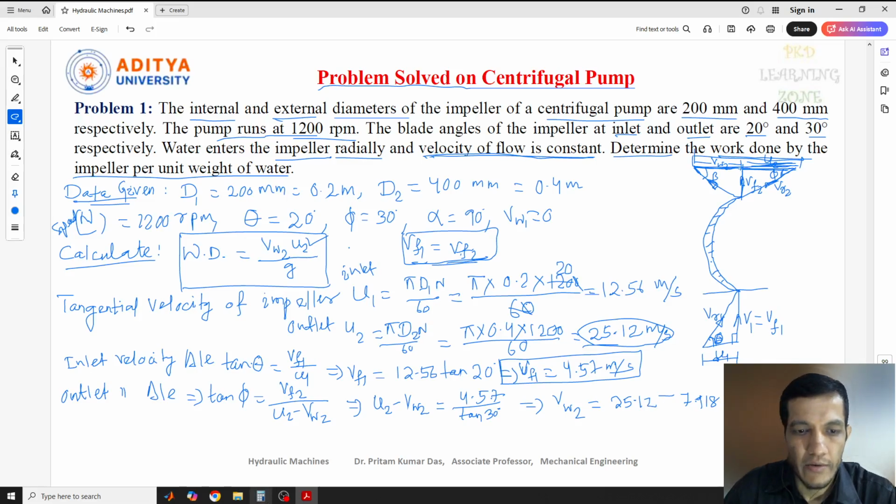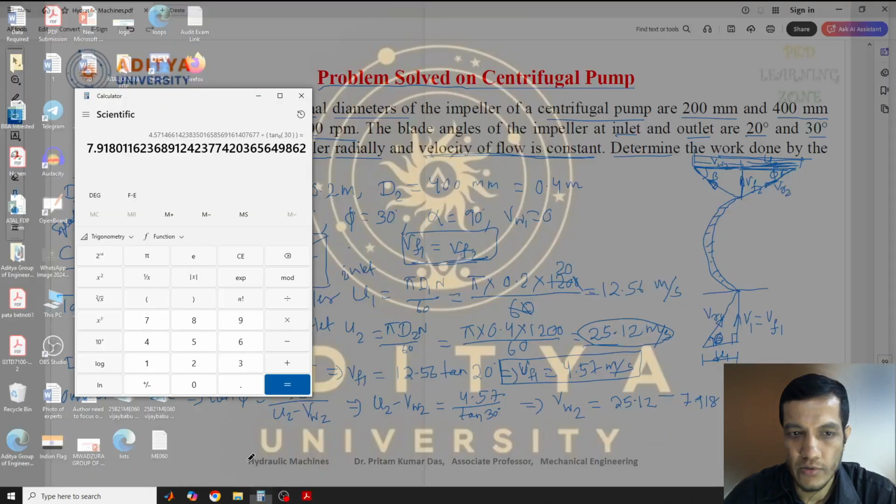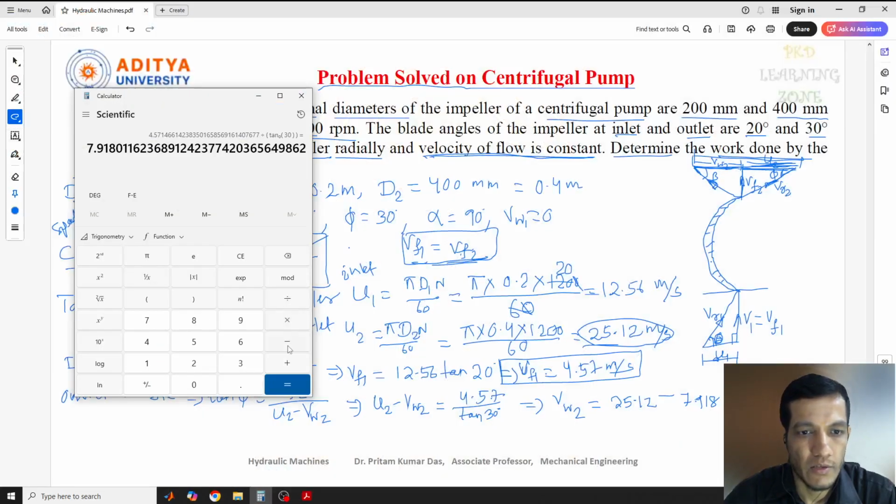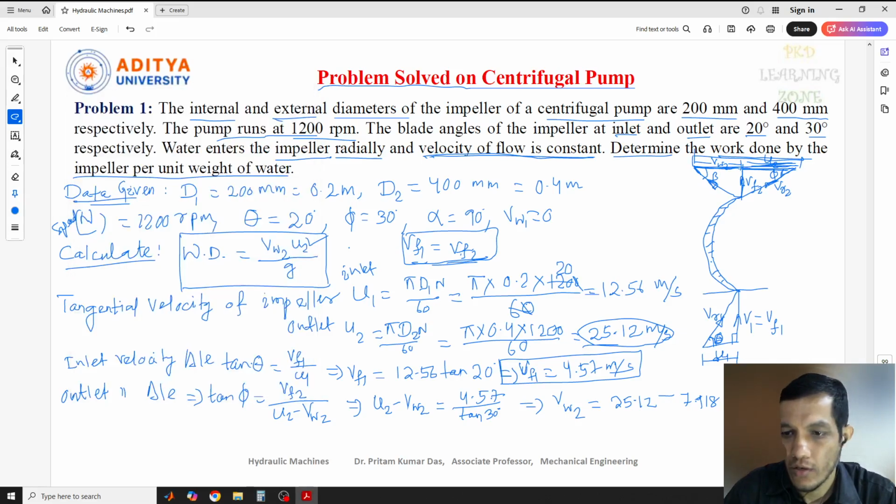Anyway, we'll just subtract that value also. 25.12 minus 7.918, so we get 17.20 meter per second. So this is our velocity VW2.